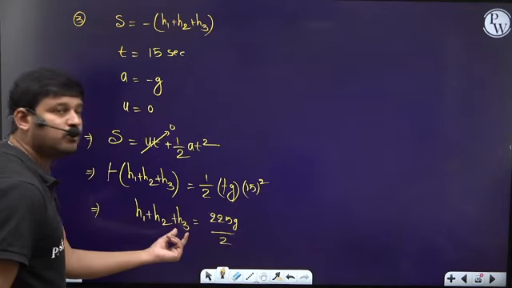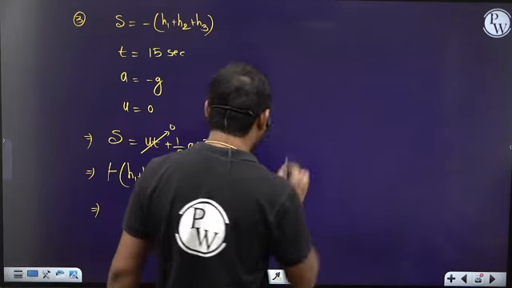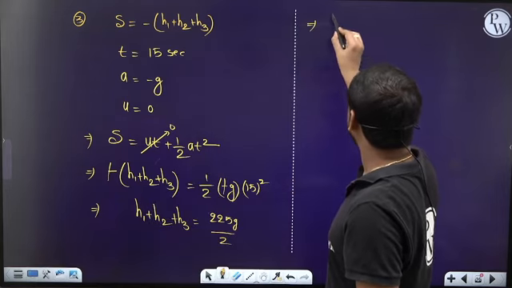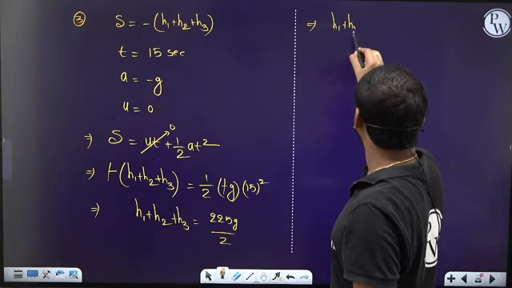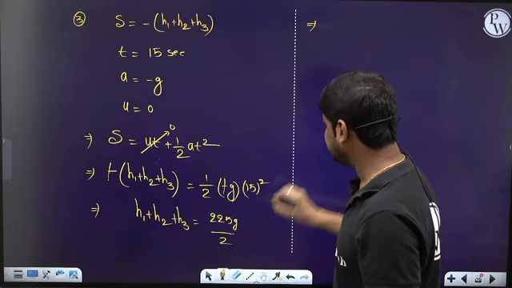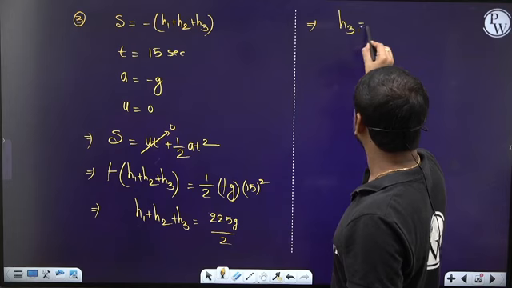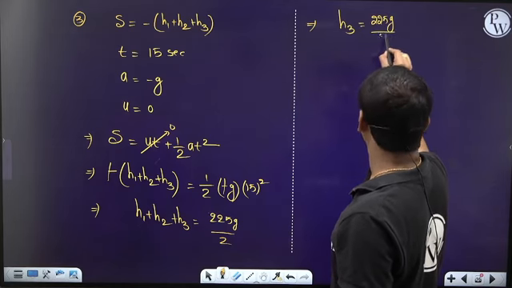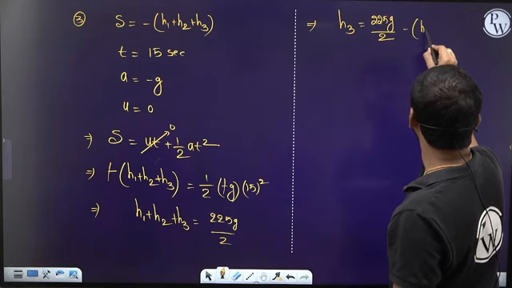Now I need only H3. So can we write H1 plus H2 plus H3? I already wrote it. So H3 is equal to 225 g by 2 minus H1 plus H2.